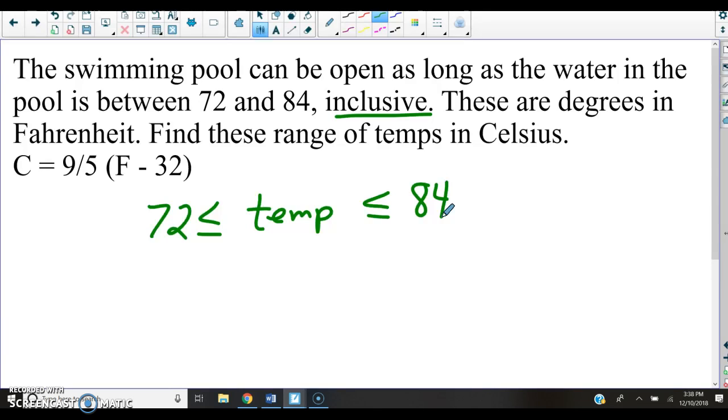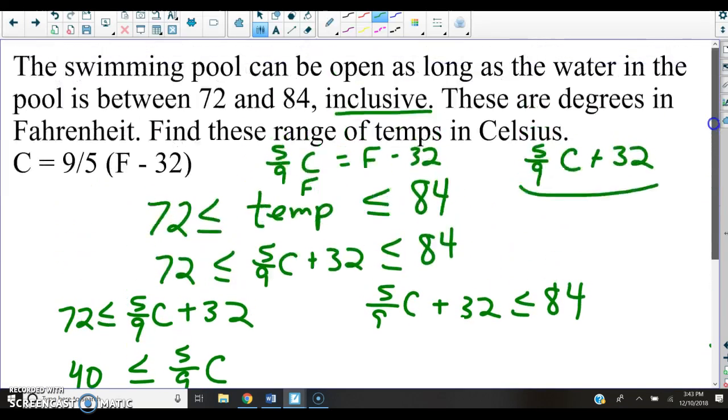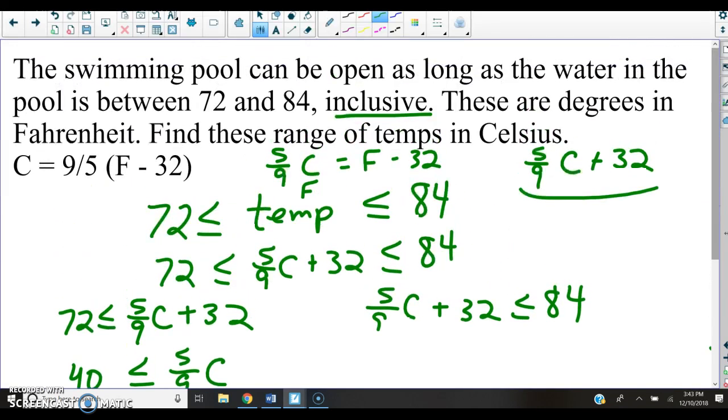Okay, we want to put these into Celsius. So to find the temperature, what we need to do is to remember that these are Fahrenheit and put them into Celsius. Okay, I think I found a mistake on my problem here.